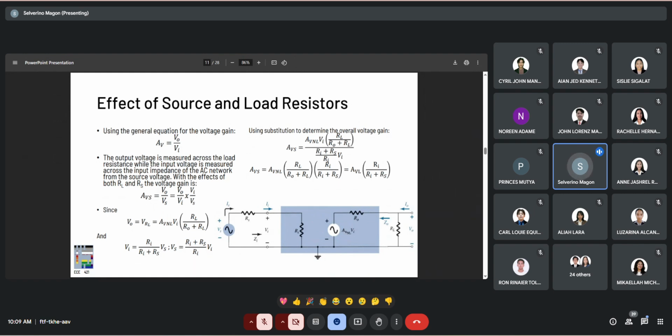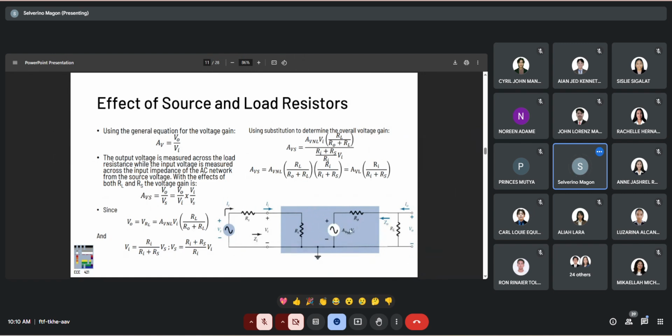And since VI is equal to RI divided by RI plus RS times VS, so it's just numerous rounds of voltage divider applications, right?